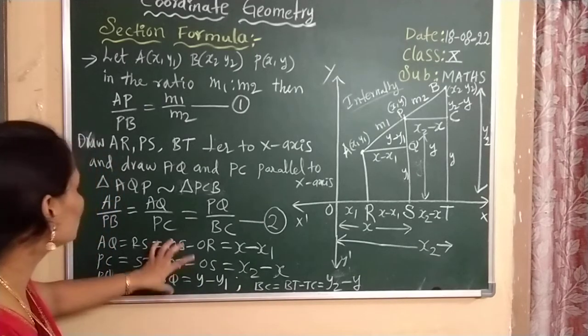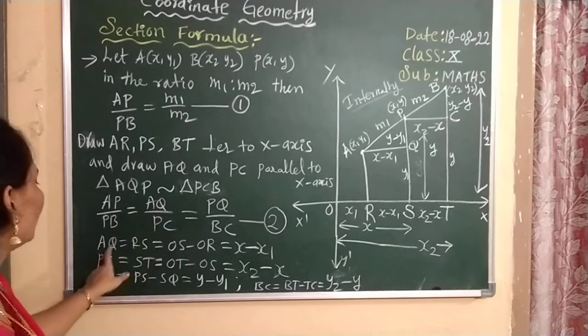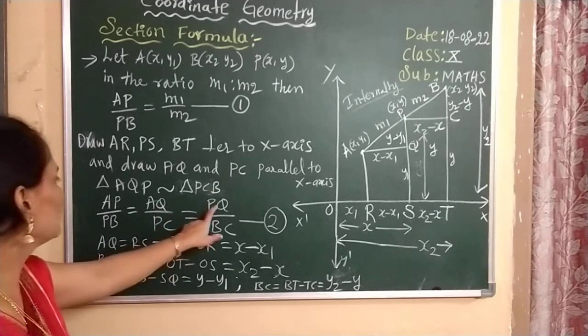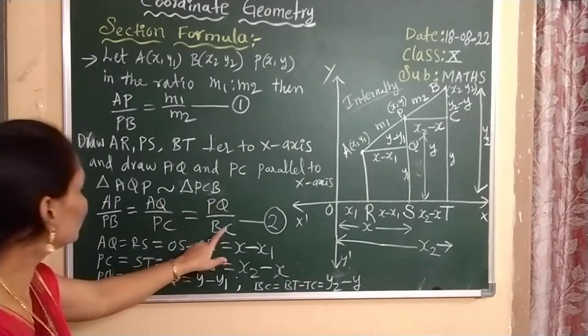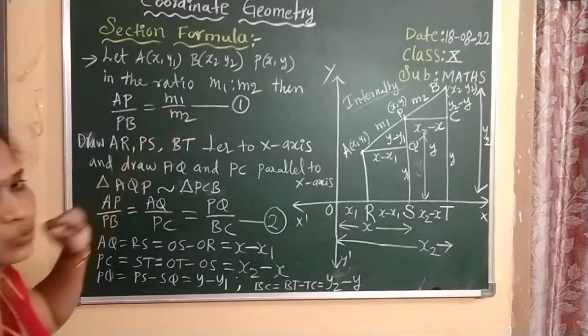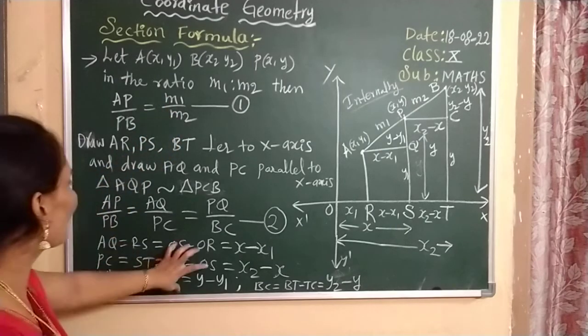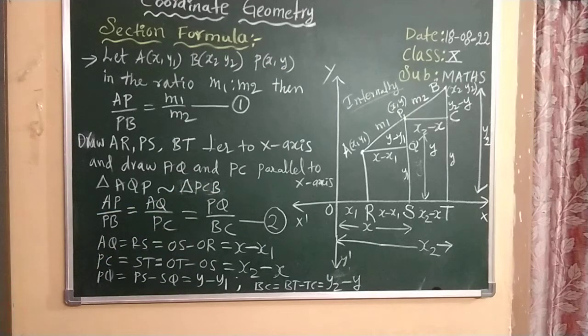After getting all these values, you can substitute them here. We know AQ and PC, PQ and BC. These four values we know, and this AP by PB we also know, m1 by m2. All these values you can substitute in equation 2. Up to here, once take the screenshot.